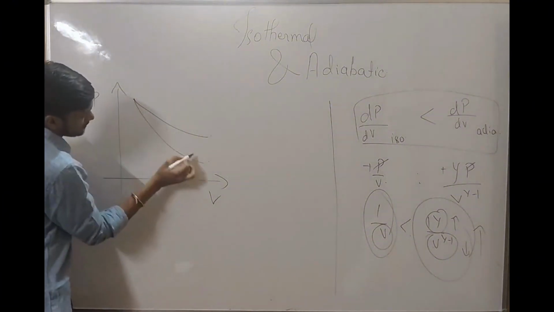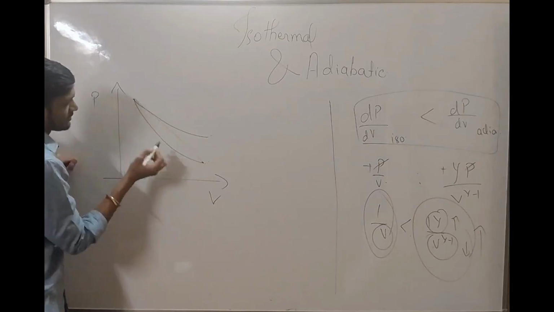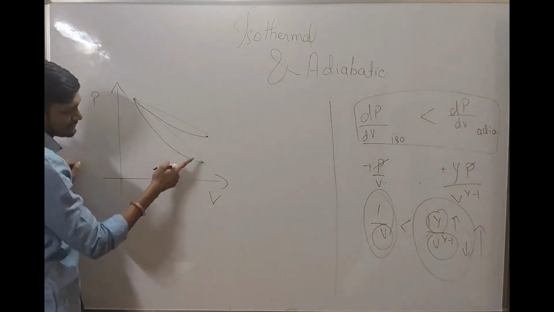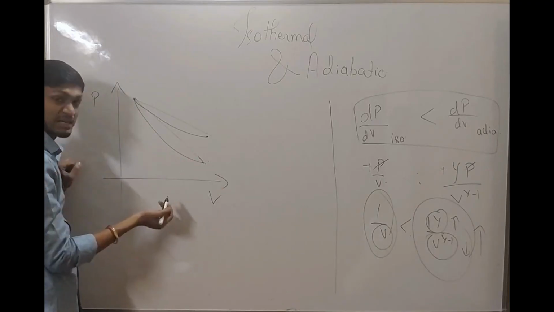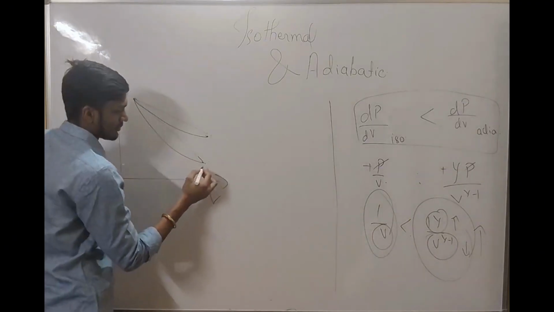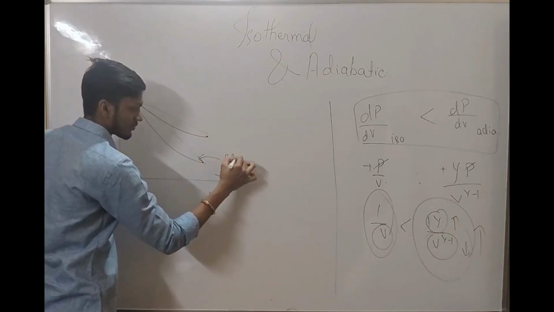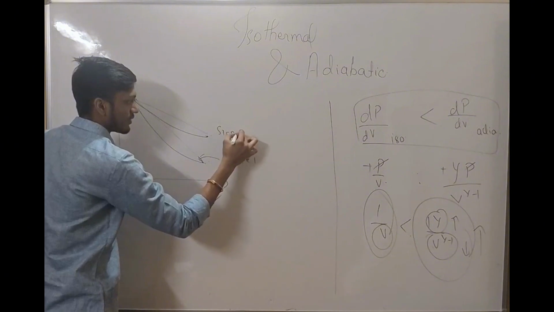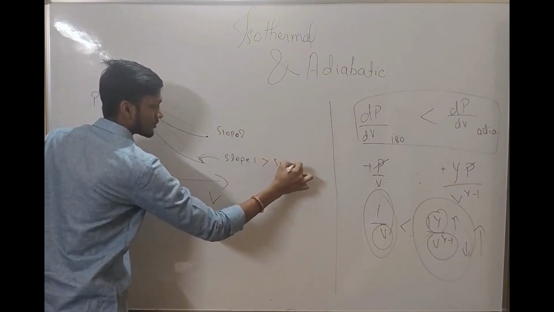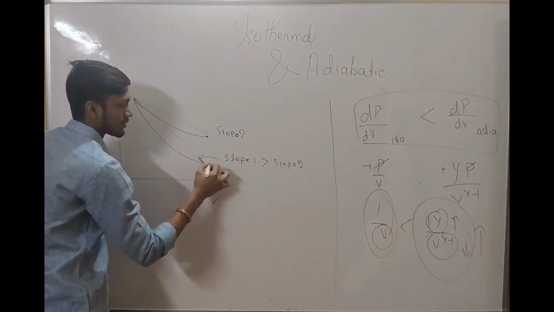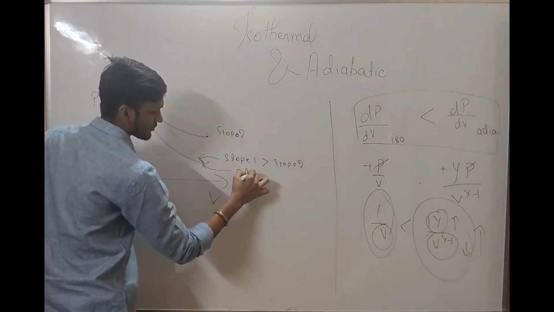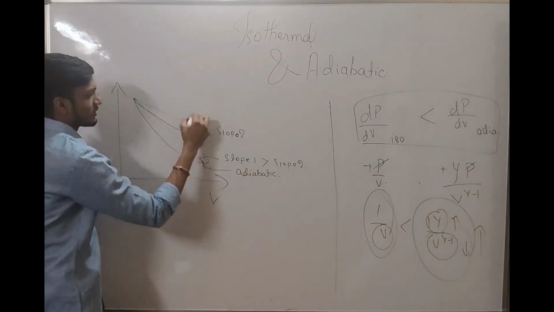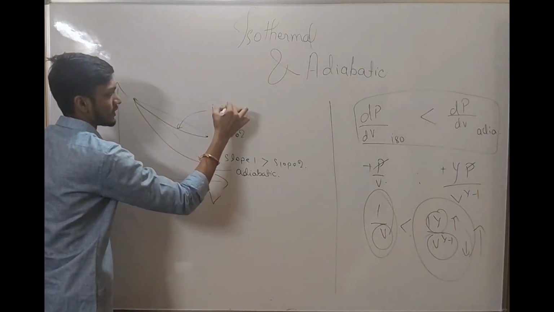The slope between these two points when drawn would look something like this, and this is a greater slope. Slope 1, slope 2: definitely slope 1 is greater than slope 2. This would conclude that the adiabatic process must be represented by the lower part of the graph and the isothermal process by the upper part of the graph.